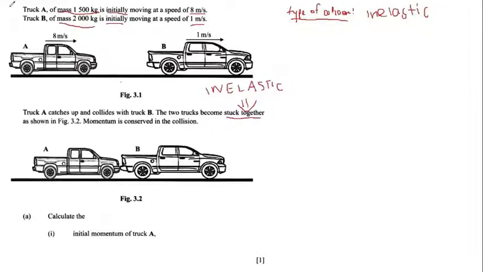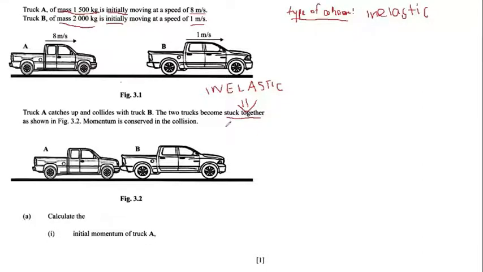They could have different speeds before, or they could have the same speed before. It doesn't matter. We're looking at what happens after they collide. That tells us what type of collision it is. If they bounce off of each other, it's an elastic collision. If they stick together, it's an inelastic collision. Okay?